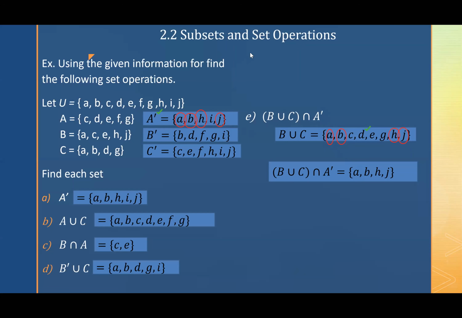If you break it down like that, that is what we have. So any questions on how I got my answer? This is my answer here. My answer is the set containing A, D, A, B, H, and J. Those are the items that are either in B or in C, but not in A.